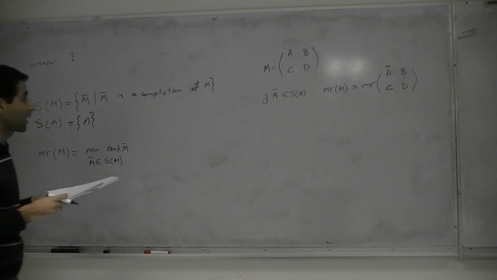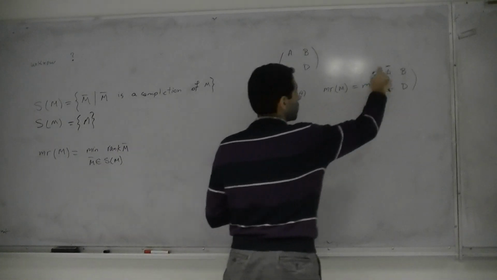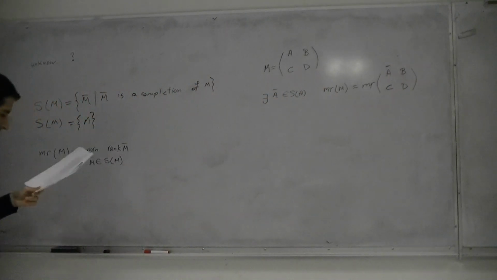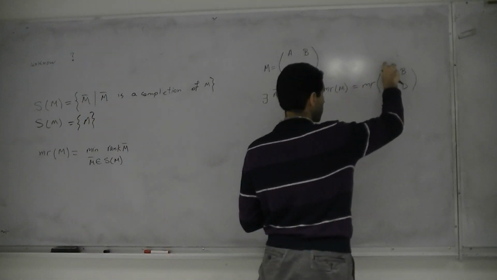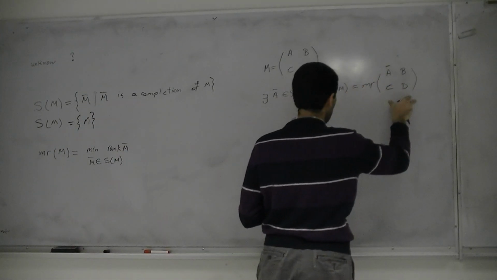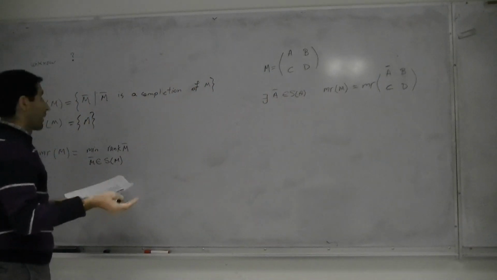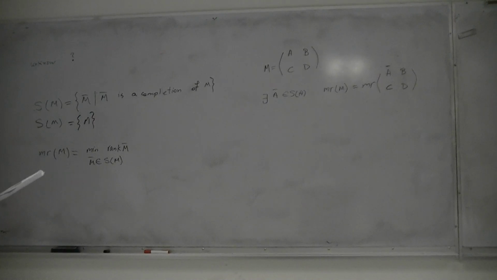Because we can always do a completion on the submatrix and reduce the rank of that, and the minimum rank of the total is equal to the minimum of the original partial matrix.